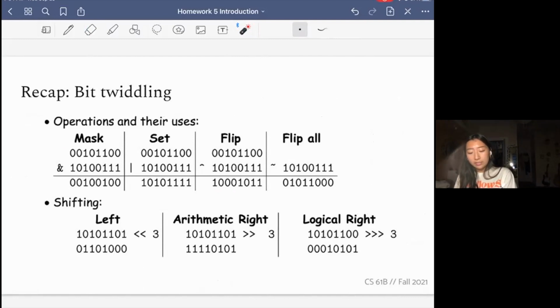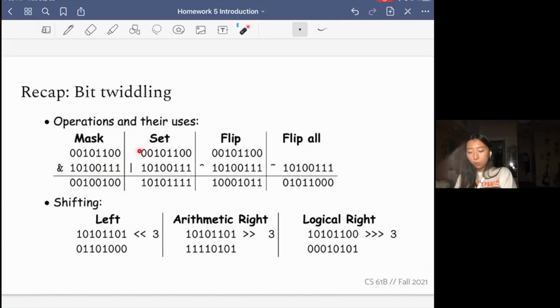But basically, mask is basically saying and, right? For every value, if both of them are 1, then I will return 1, right? And so this one, we're going column-wise, right? And we say, oh, these two are both 1, it's 1. And here they're not both 1, right? And so this is 0. That's how mask works. Set is kind of like or.